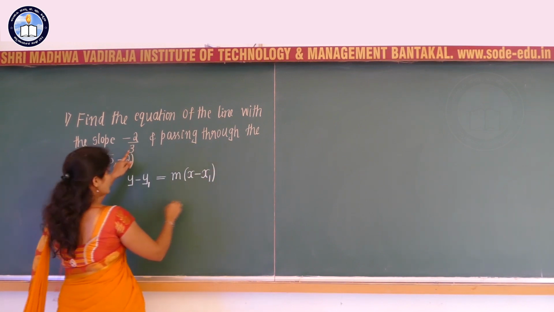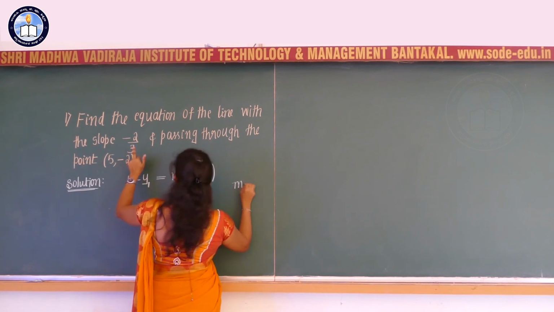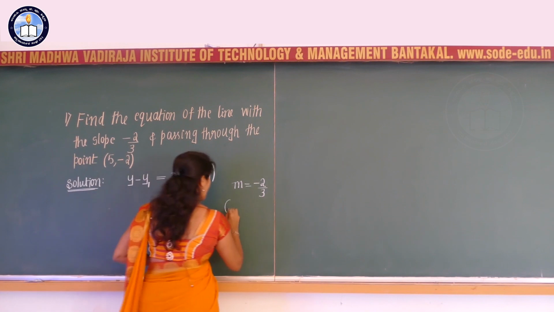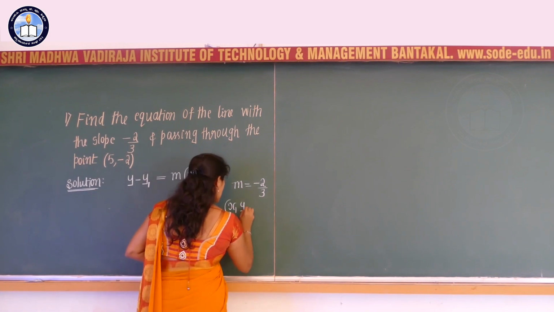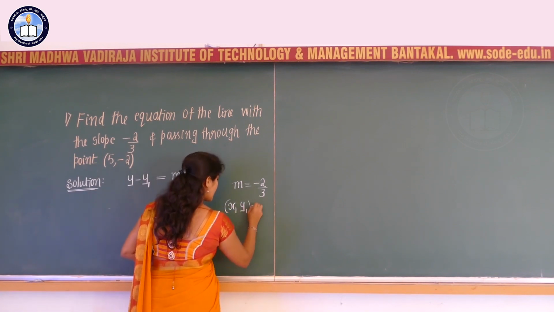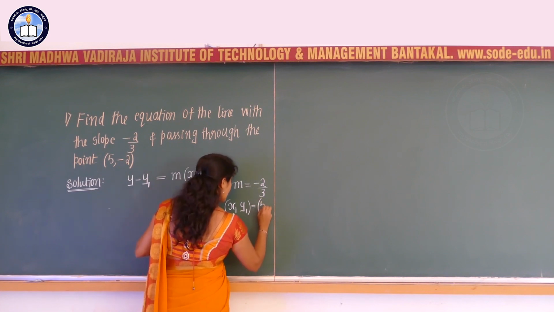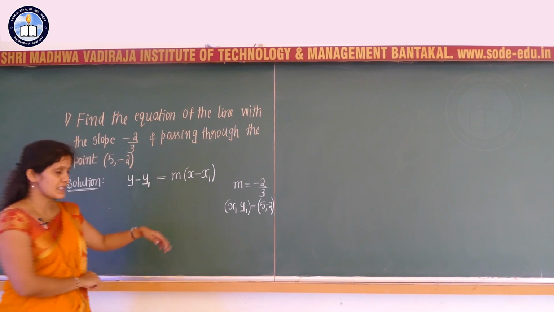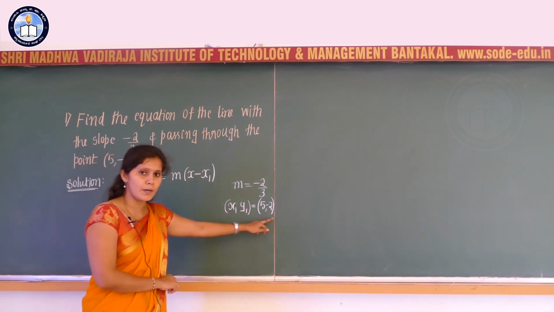Here m is given, that is minus 2 divided by 3, and the point x1, y1 is given with the coordinates 5, minus 2.